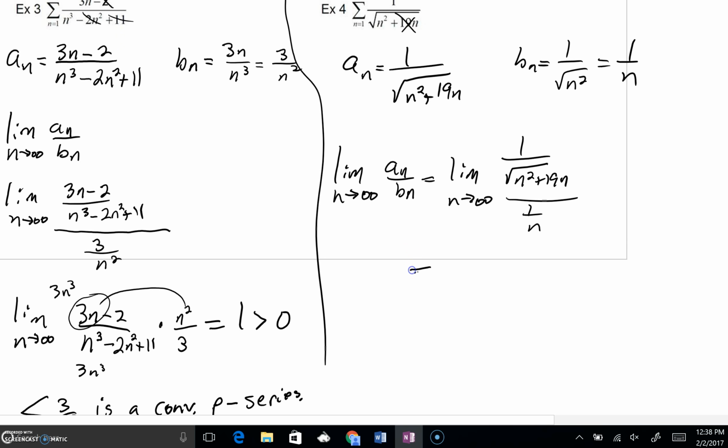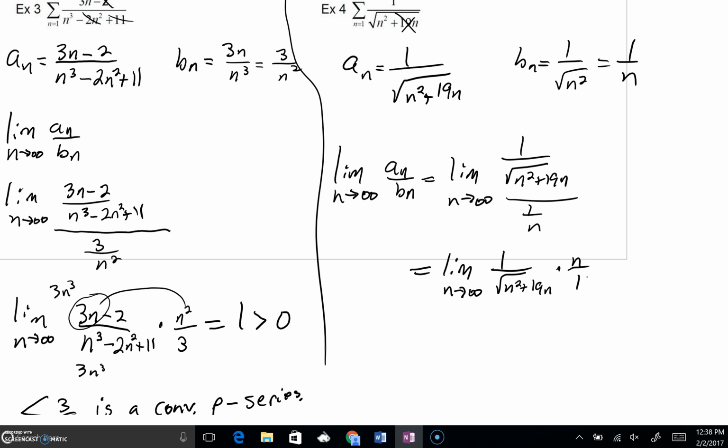Now, as we clean this up a little bit, I hope it's pretty clear to everybody that, again, dividing by a fraction is the same thing as multiplying by its reciprocal. But this is why BC Calc teachers stress n behavior from the beginning. This is going to be a daily occurrence for us working out limits.